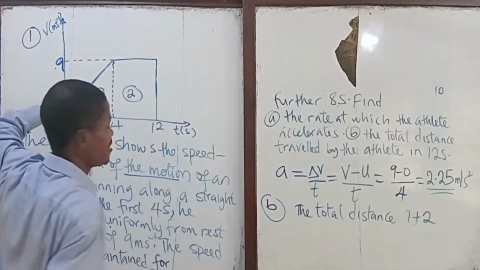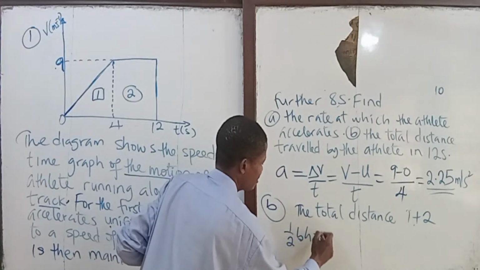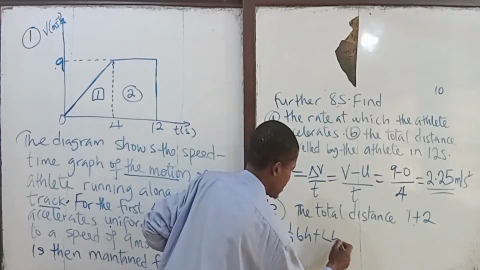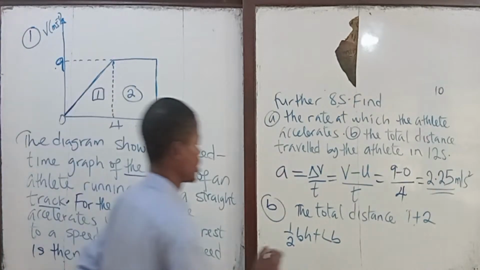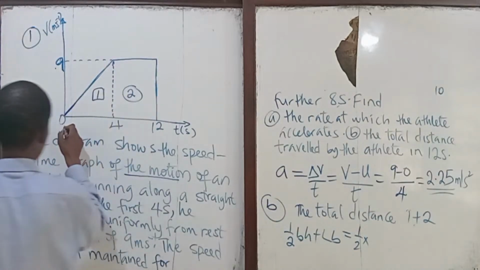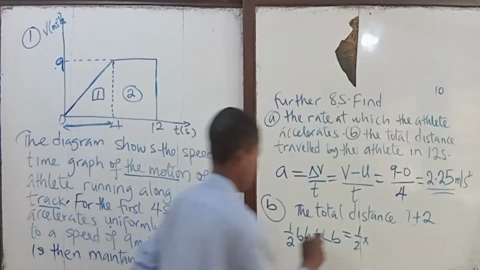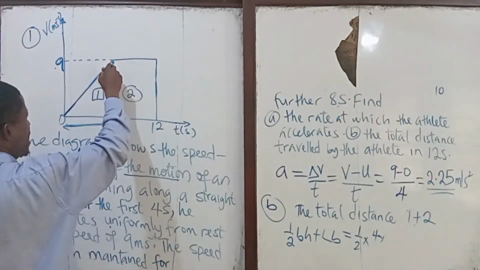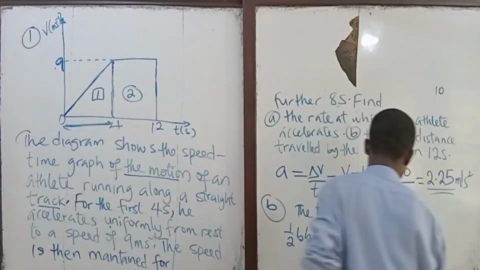The geometry of 1 is a triangle, and that will be half base times height, plus the second one is a rectangle, length times breadth. So that will be half times my base, from here to here, that's 4, times my height, which is 9.